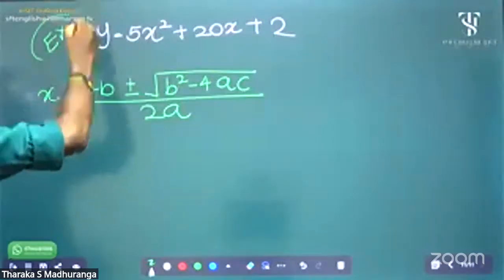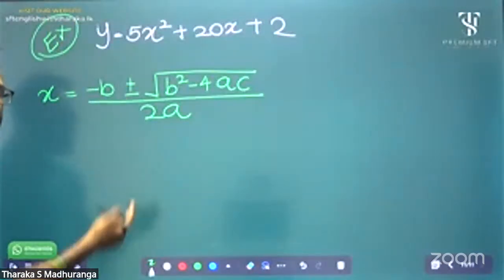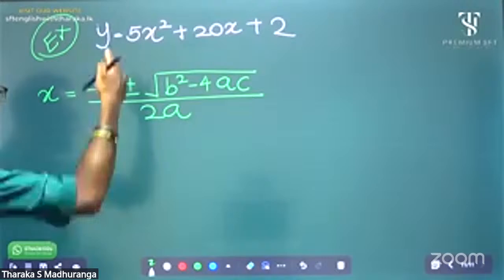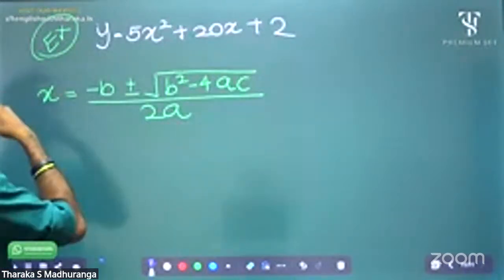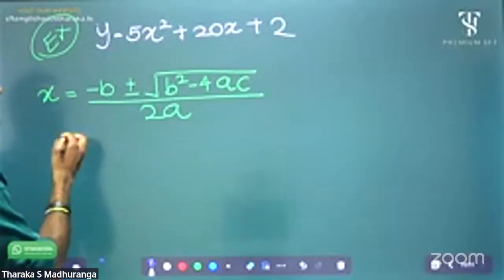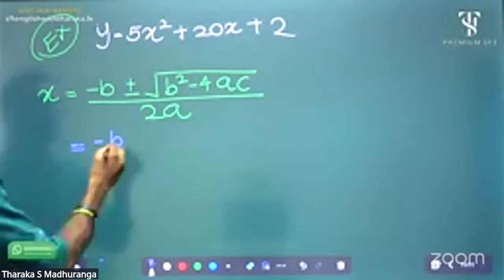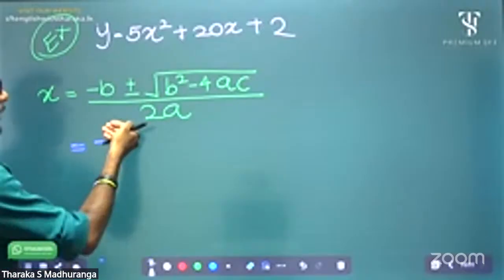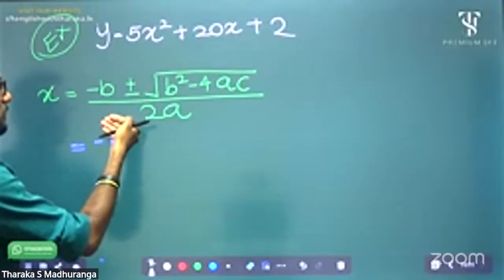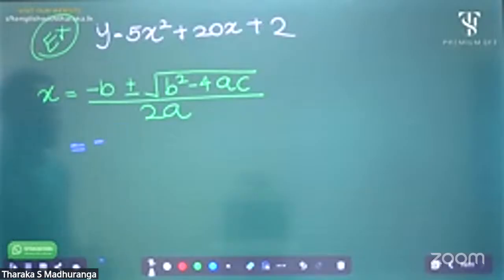Let's calculate the x-axis cutting points for this given quadratic function. Okay, how to calculate minus b? Minus b means what's the value? Minus 20.